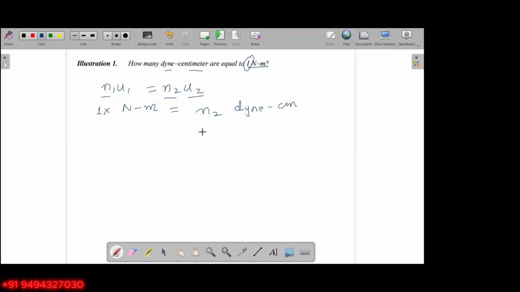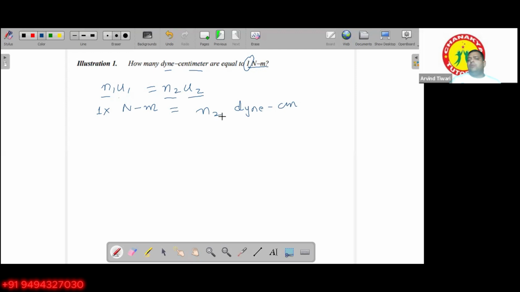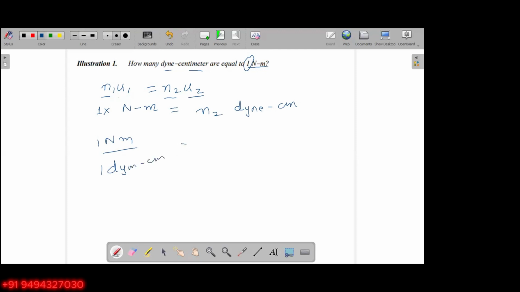I want to find out N2. Once I find N2, I will know how many dyne centimeter there are. So it will be 1 Newton meter divided by 1 dyne centimeter equal to N2.